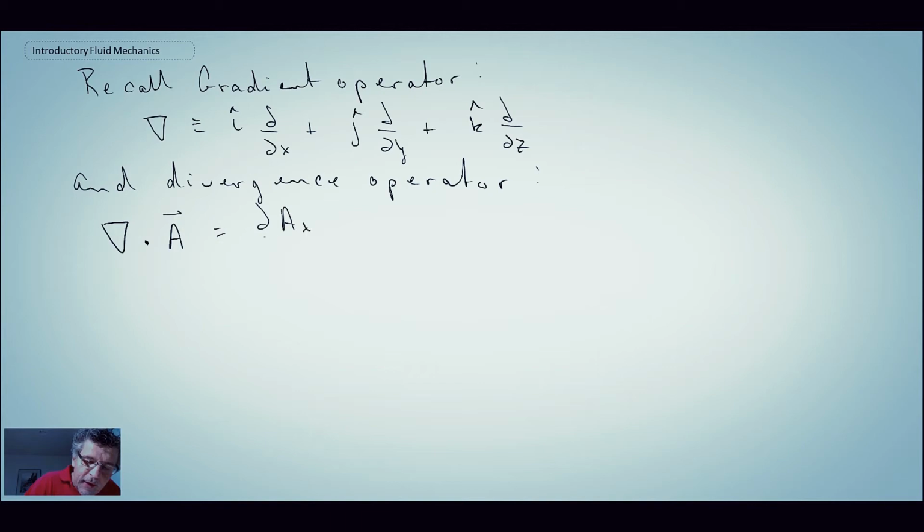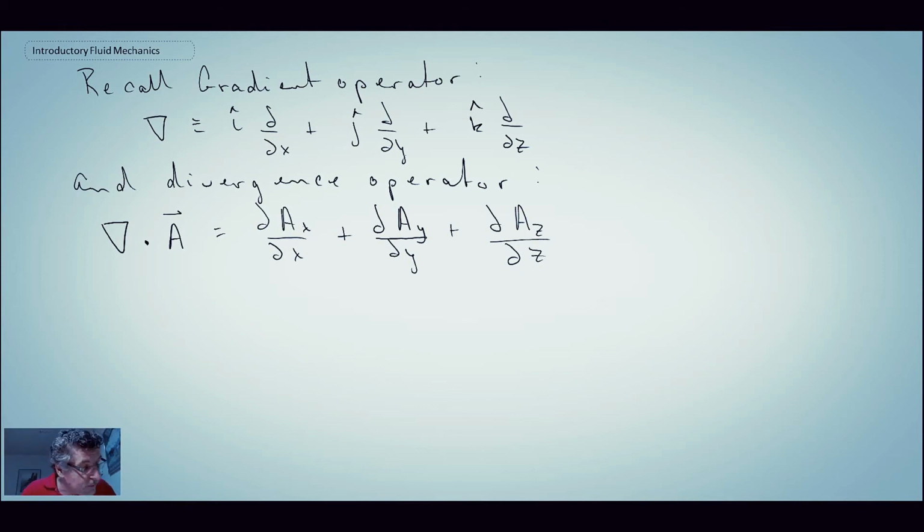I'm going to apply it to an arbitrary vector A. And remember, the divergence, or del dot operator, takes a vector and converts it into a scalar.